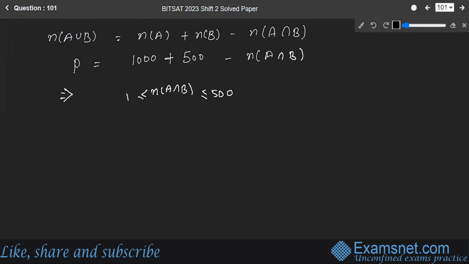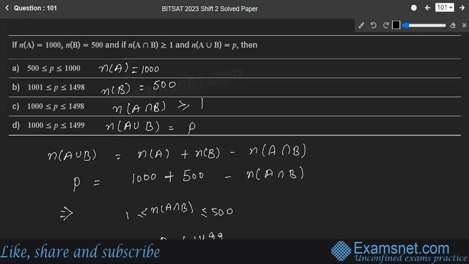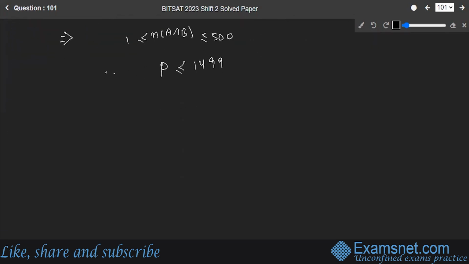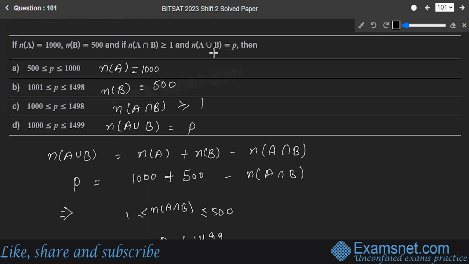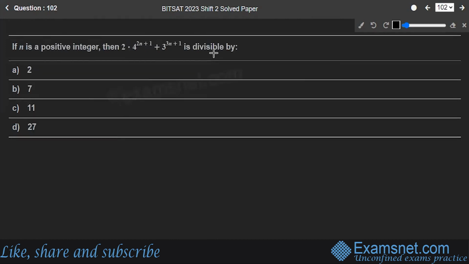Therefore, P will be less than or equal to 1499 and it will be greater than or equal to 1000, right? That means of course P lies between 1000 and 1499. That makes option D the right answer. Hope you understood that.